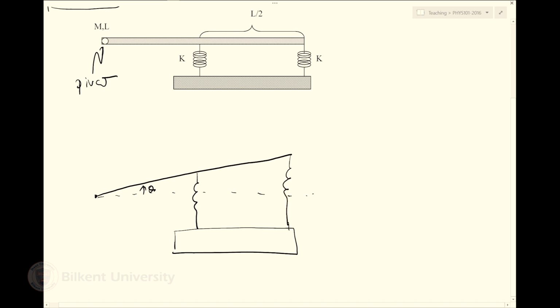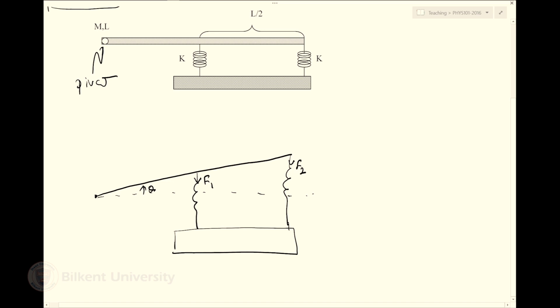So both of them will apply a force on my rod, which means they apply a torque. That torque is trying to restore my rod to the equilibrium point. So what I need to do is calculate the torque due to both of these springs. So let's try to calculate F1 and F2 first.